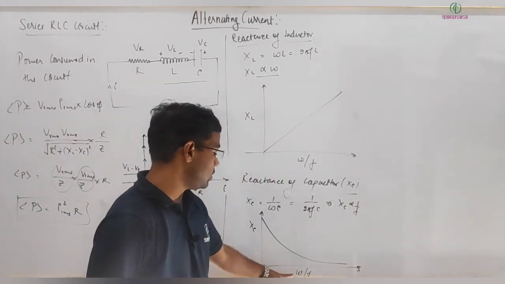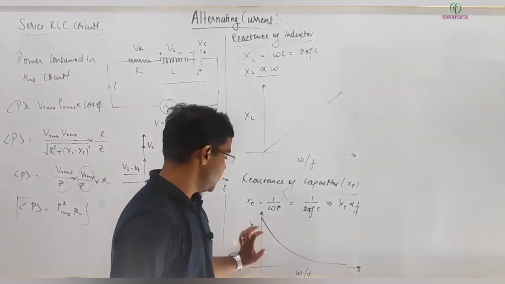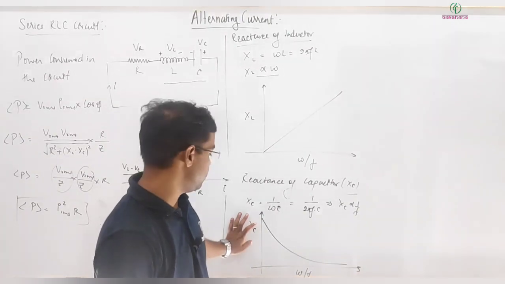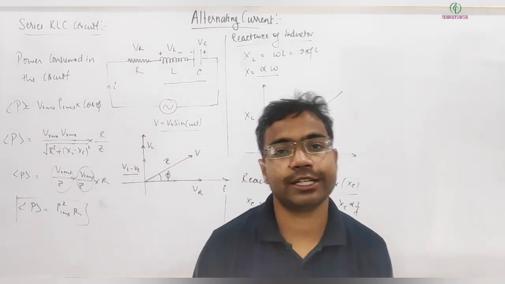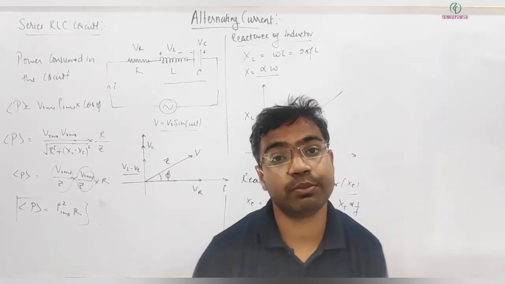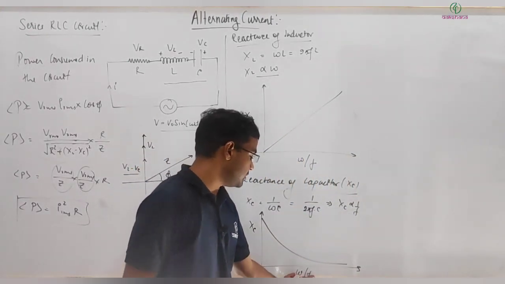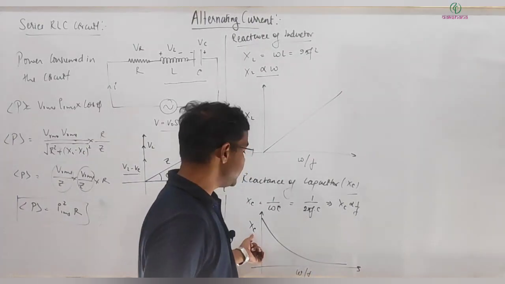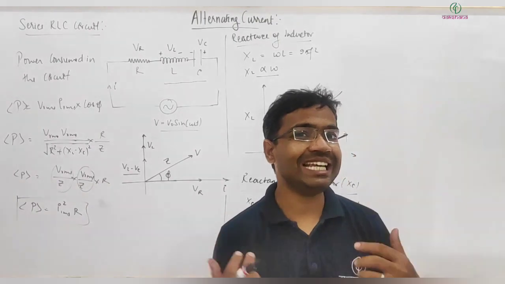So here, as the frequency increases, this XC... I told you this when I talked about only a capacitor circuit, purely capacitor or purely inductor. In this situation, when the frequency is high, its reactance, meaning its opposition, becomes low, meaning it easily allows them.